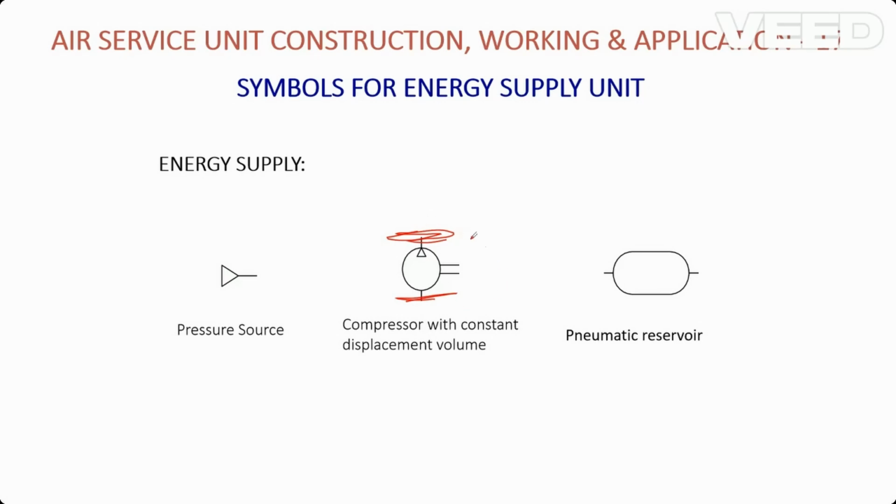On the right side of this component, there are two parallel lines drawn. This is the shaft, which we connect with an electric motor. This is the type of compressor that gives only constant volume displacement.